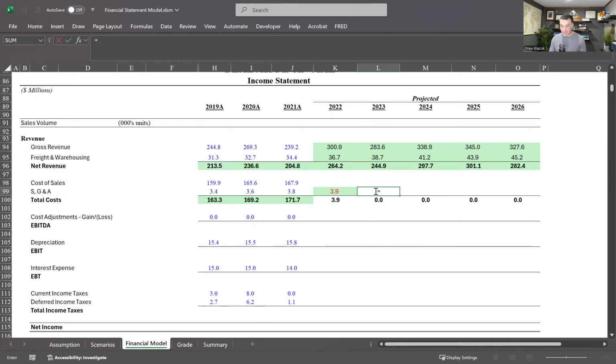And then from that, we made the assumption that SG&A after the first projected year is going to grow at the rate of inflation. So the second projected year will be the previous projected year multiplied times, in brackets, 1 plus, and then I'm going to go up.